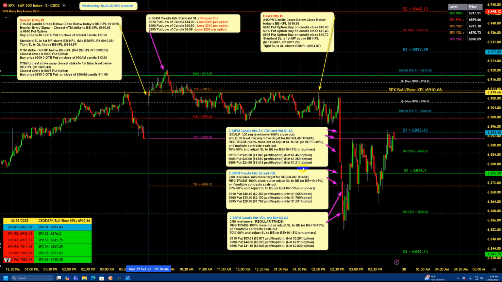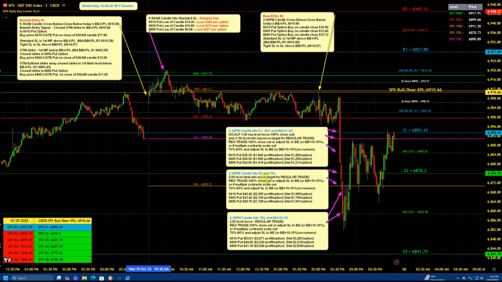As it keeps moving in your favor, you can add more and more of a profit buffer, because as you can see here, it's exponentially growing, and down here on this one it's all the way up to $53, whereas in the first one it was $35.30, and we're starting off from $17.90.